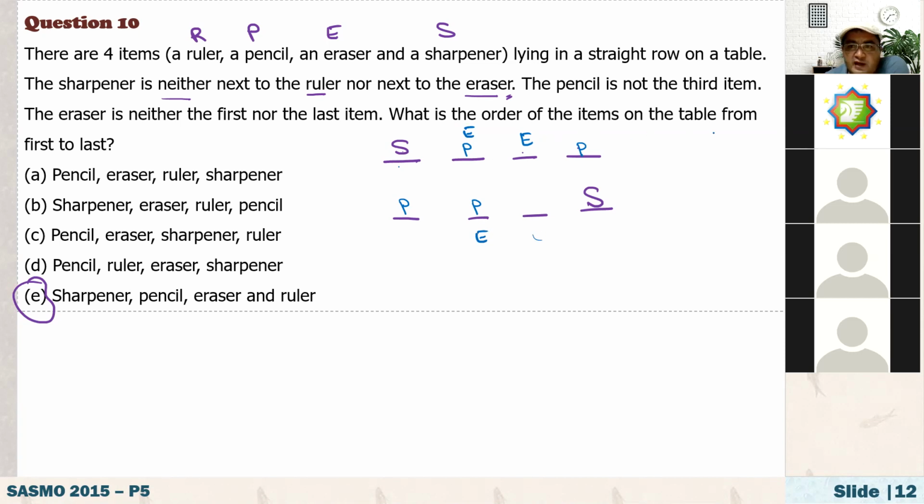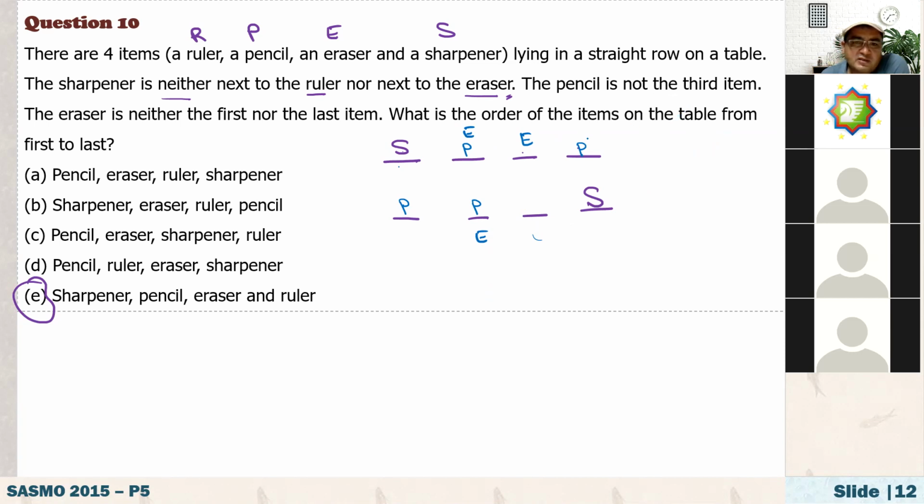And what is the order of the items on the table? So the sharpener is neither next to the ruler nor next to the eraser. The pencil is not the third item. All right. And the eraser is neither the first nor the last.